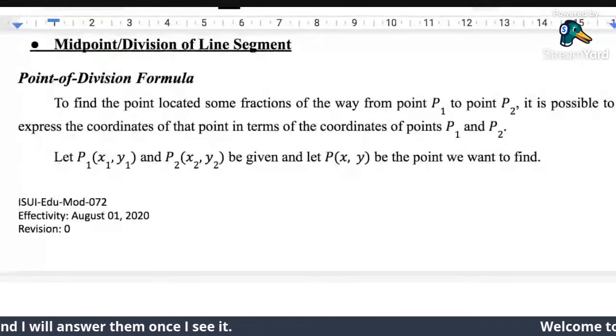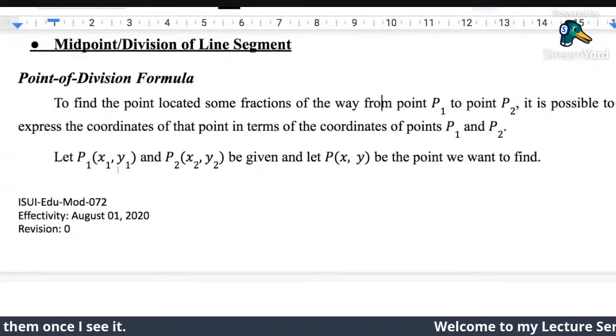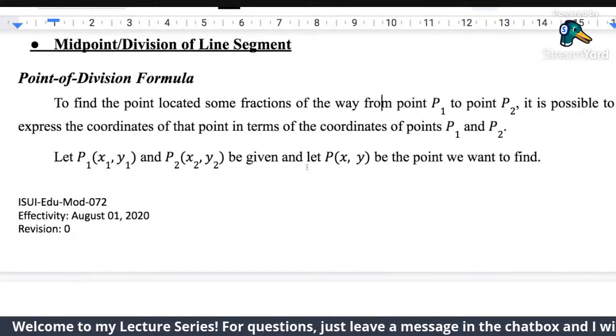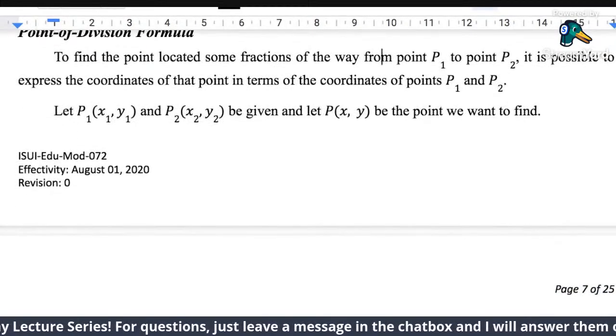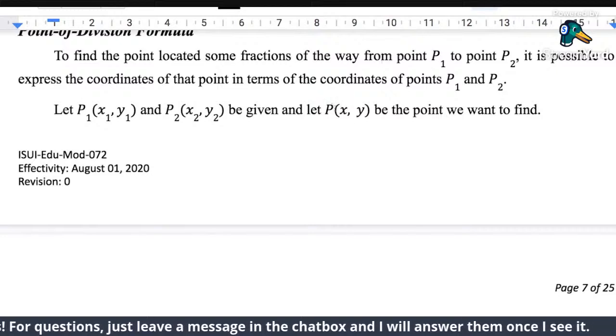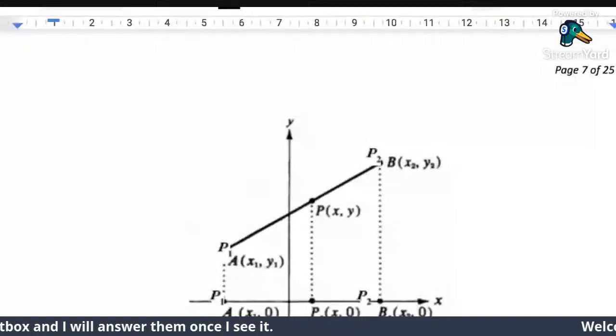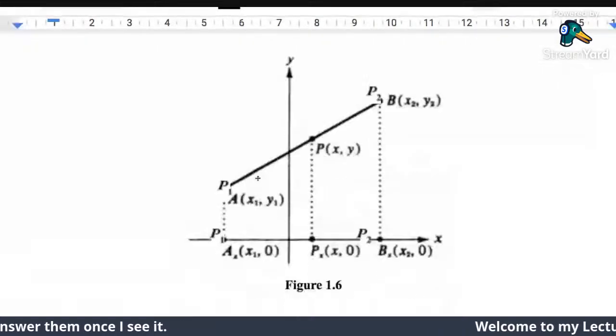So for example, let P1 with the coordinates x sub 1, y sub 1, and P2 with the coordinates x sub 2, y sub 2 be given, and let point P, having the coordinates x, y, be the point we want to find. So if you're going to draw that, let's say ito.